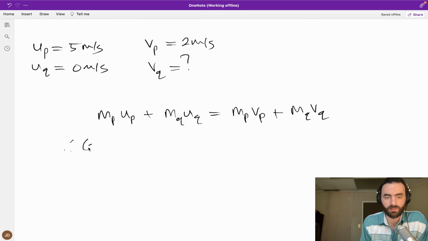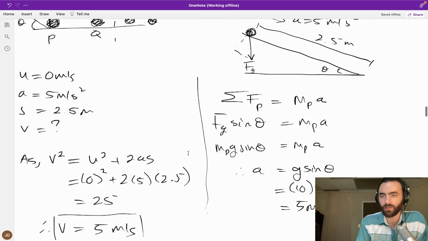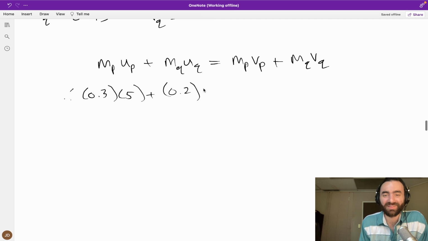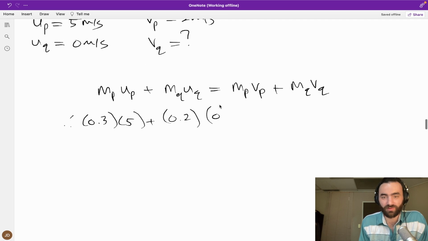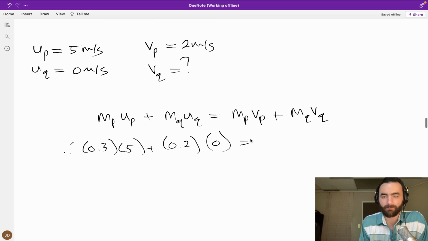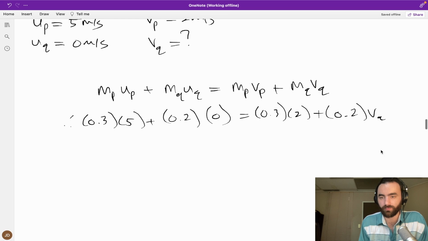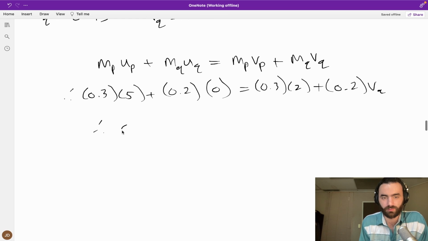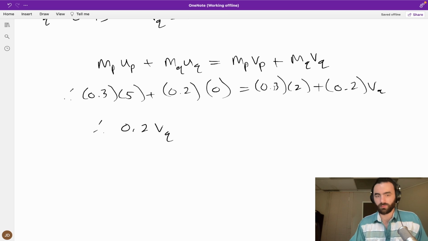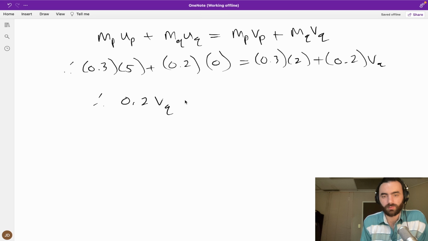So we get 0.3 times 5, which we found before, plus 0.2 times 0, so it doesn't matter, equals 0.3 times v_P, which is 2, plus 0.2 v_Q. Taking this over, we get 0.2 v_Q equals 0.3 times 5 minus 2, which is 0.9.